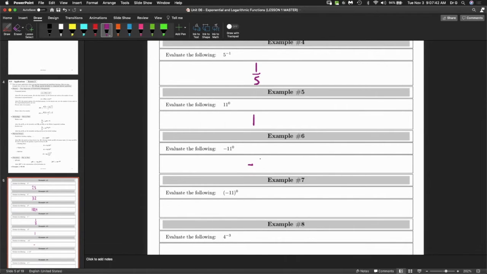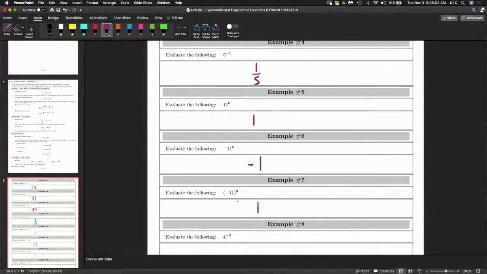Thank you, Jordan. That's -1. You see this negative sign here? Thank you, Jason. See the negative sign here? The negative is not influenced by the 0. However, when you put it in brackets, it is. So when you have anything in brackets to the 0, then it becomes a 1.